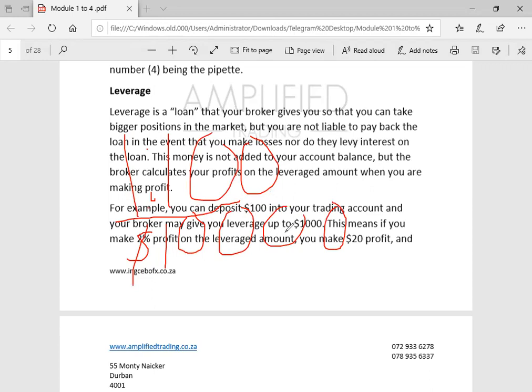That is why you can place multiple trades, because if you buy 1 unit of EURUSD, you are actually buying 1,000 euros. That's the smallest contract you can go, which is 1,000 units. So if you have a leverage of 1:100 and a $100 account, technically you can buy 10 micro contracts.